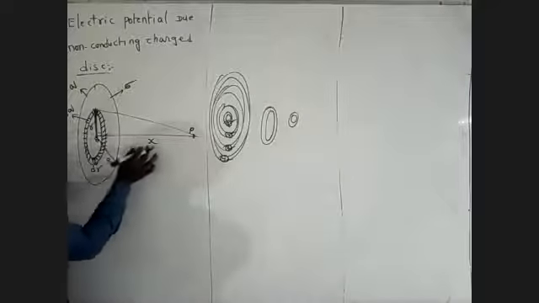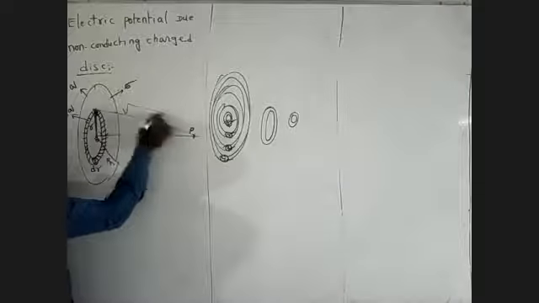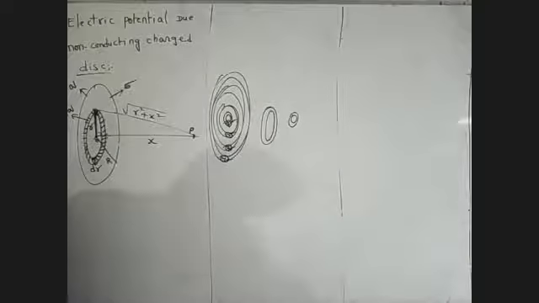According to the Pythagorean theorem, this is x, this is r, so the distance is root of r square plus x square.